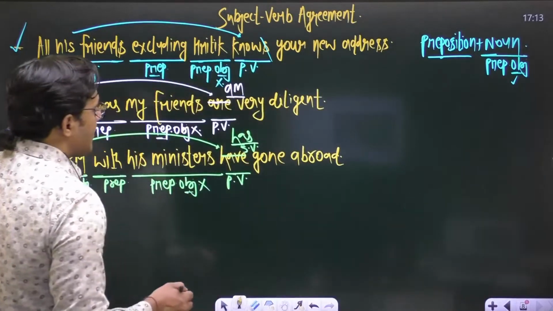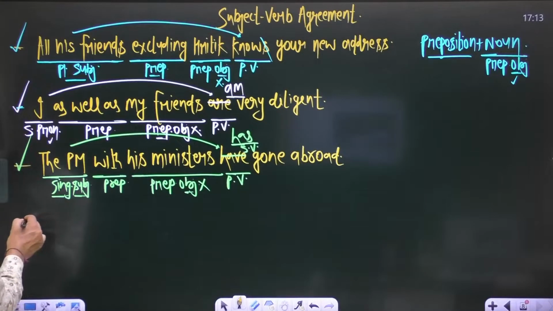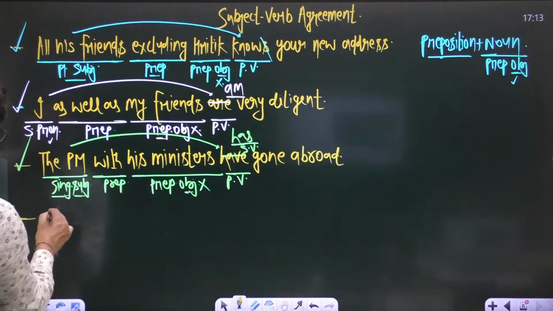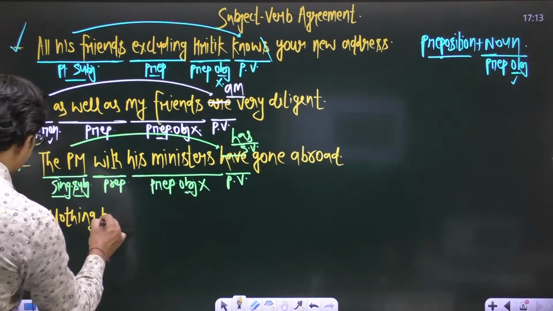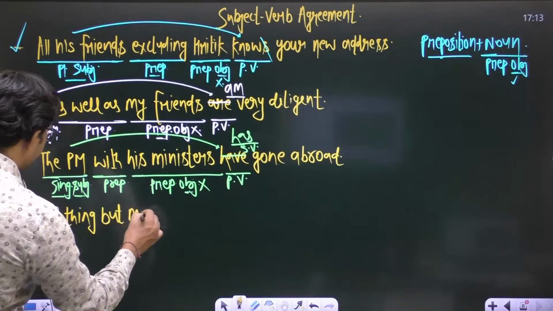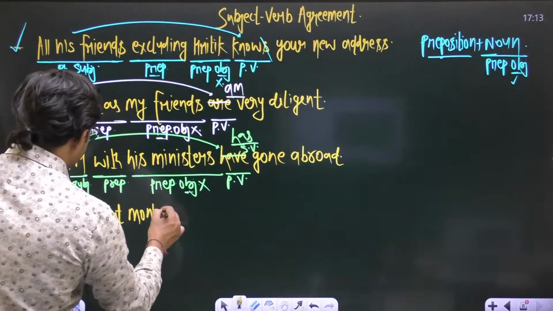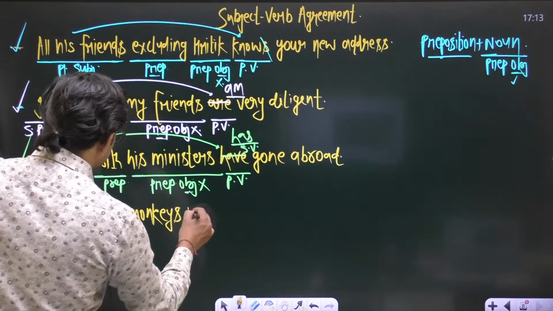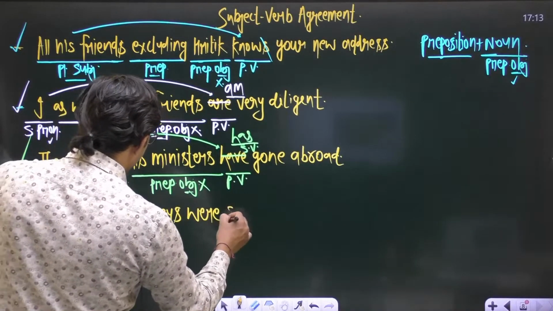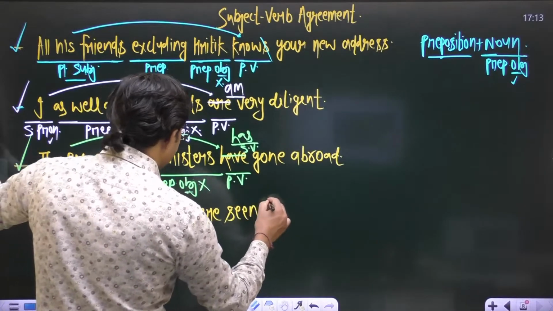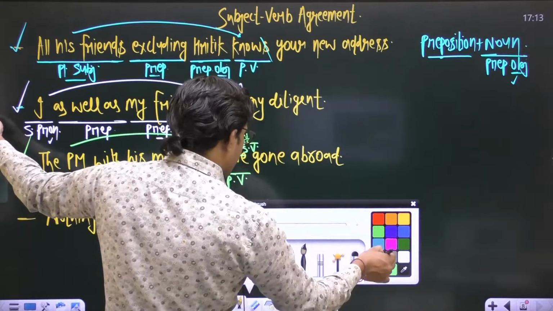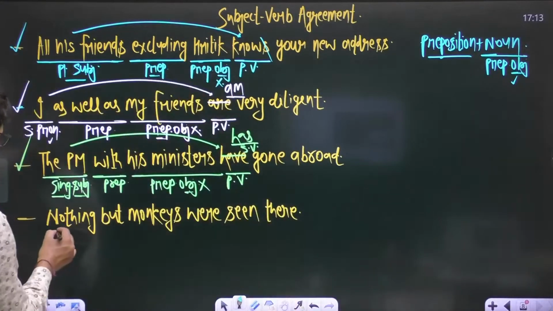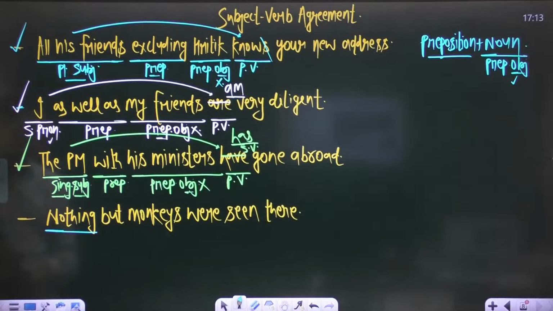If I say, nothing but monkeys were seen there. Nothing but monkeys were seen there. This one is the fourth sentence, right? Okay. In this sentence, we have a pronoun nothing, right?